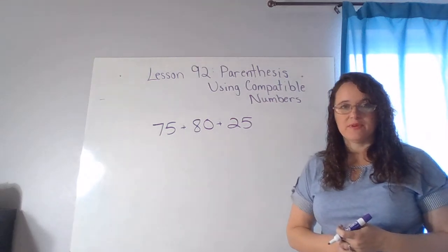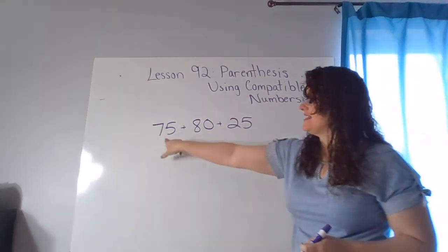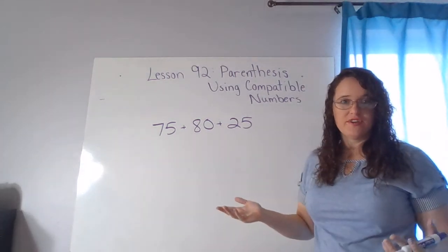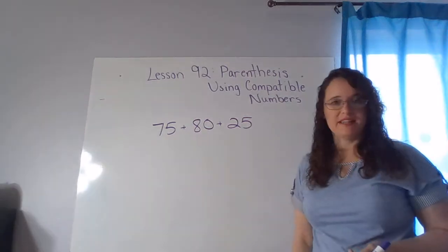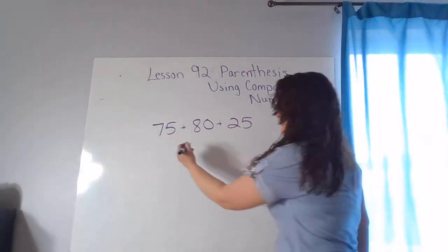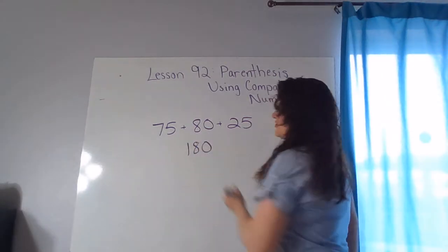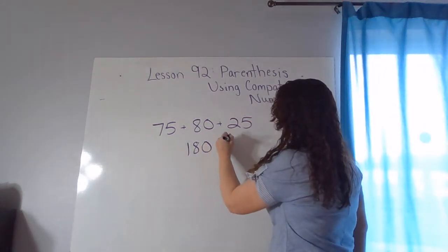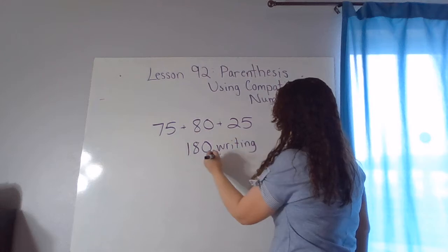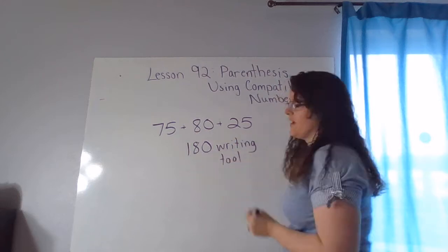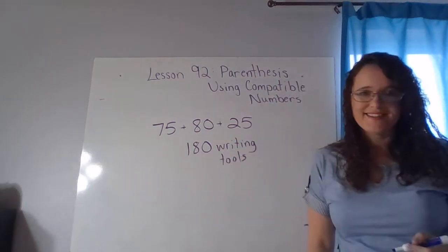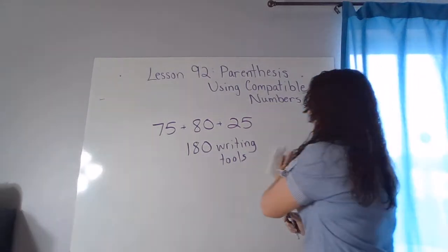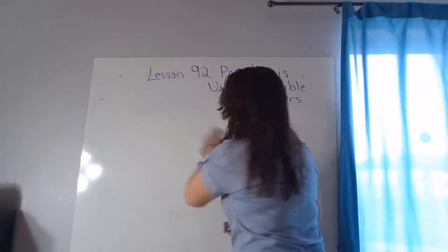Ooh, I know how to count by 25s. 75 plus 25, that gives me 100. And then 100 plus 80 is 180. So the answer would be 180 writing tools. Okay? All right, let's look at the next example.